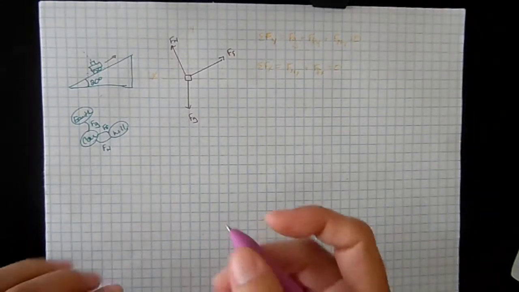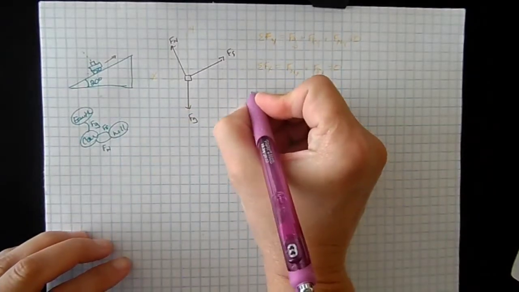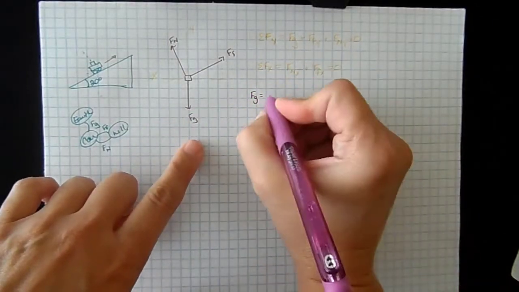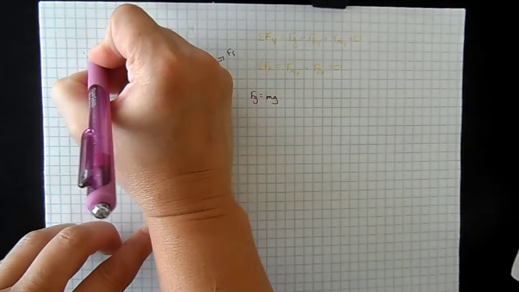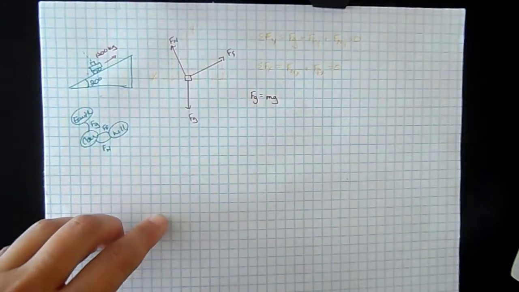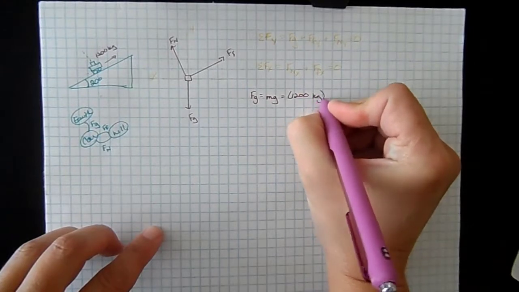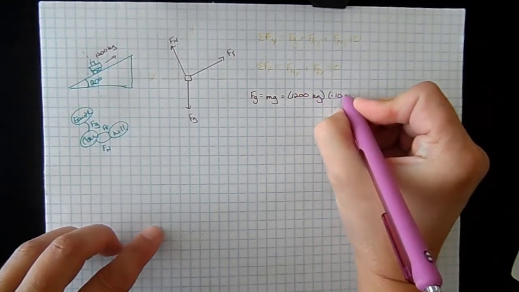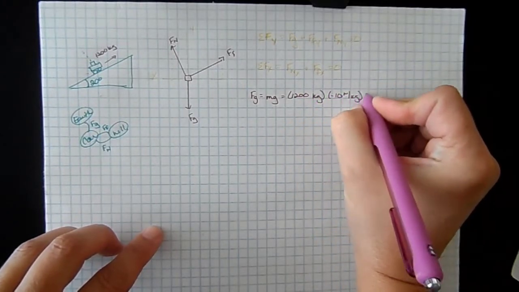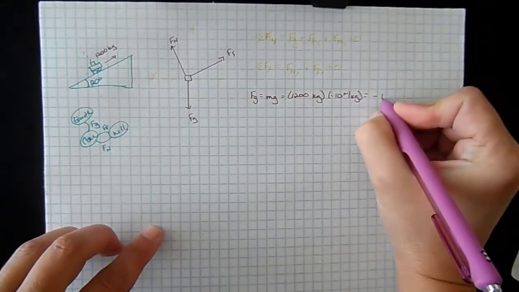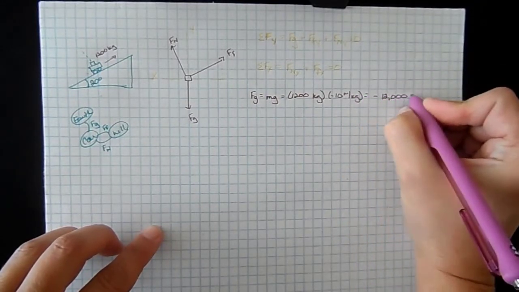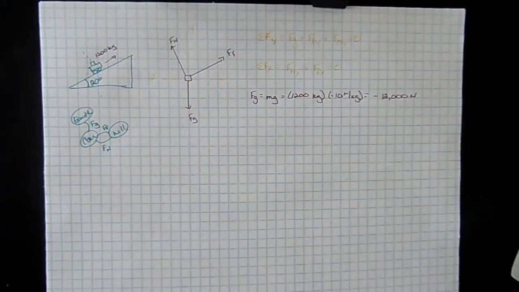We know we can find the force of gravity if we know our mass. Let's just say we have a 1,200 kilogram car. We're going to multiply that by our gravitational constant. So we're going to have a gravitational force of 12,000 newtons.